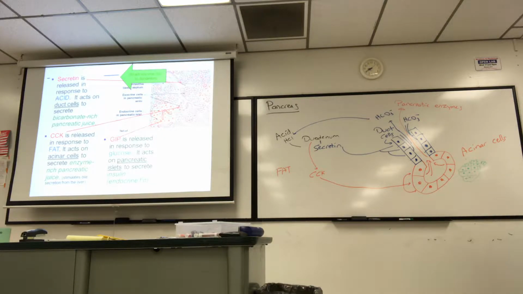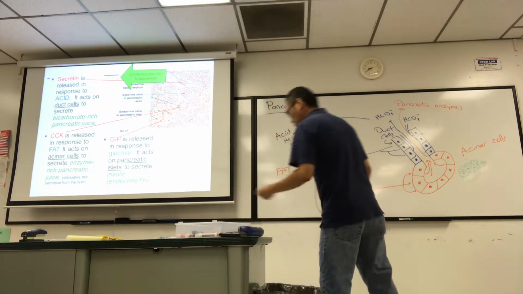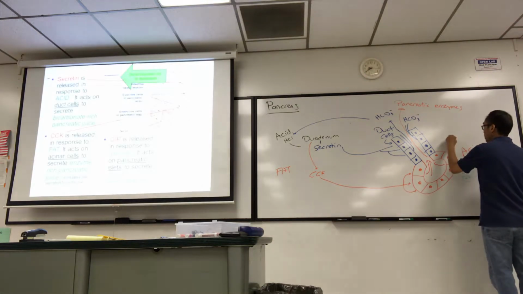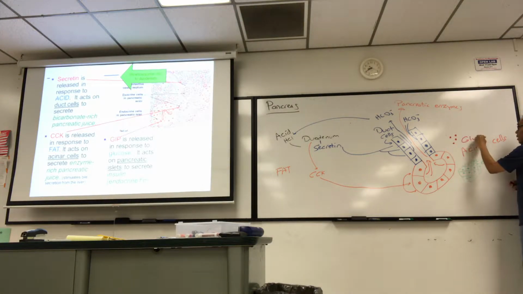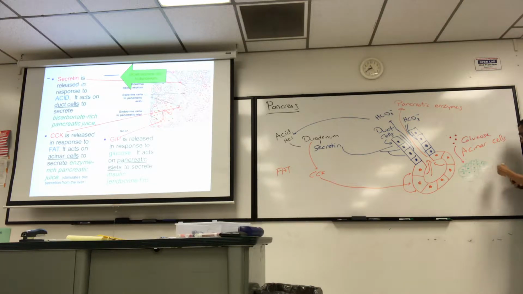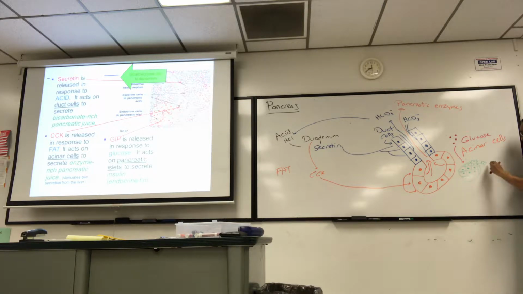So if there's glucose that needs to be pulled out of the blood into the cells, glucose is a direct stimulus to get the beta cells to release insulin. If you have to review insulin on your own, go ahead.